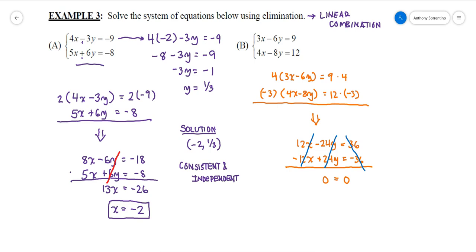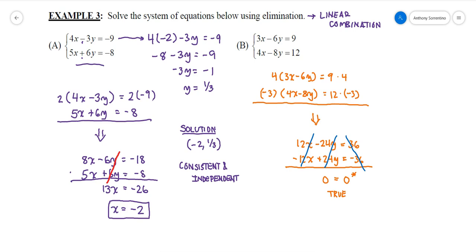This is a special case. Both variables disappeared. So I know I have a special case. Compared to the one we had in example 2 with the substitution, this is a true statement. True. 0 does in fact equal 0.